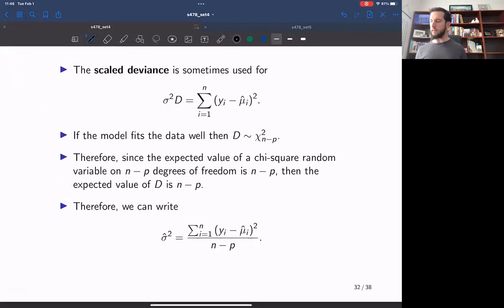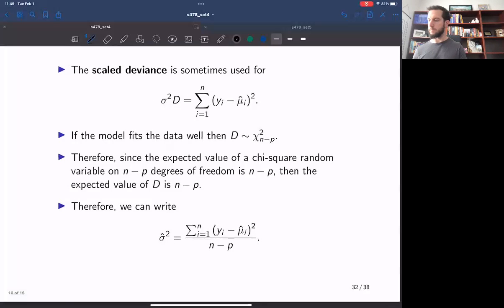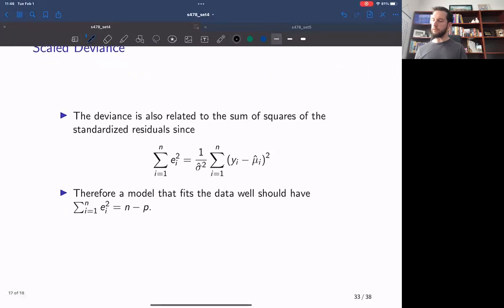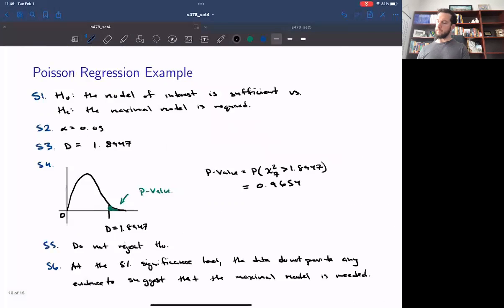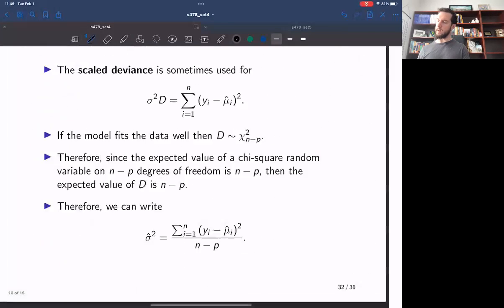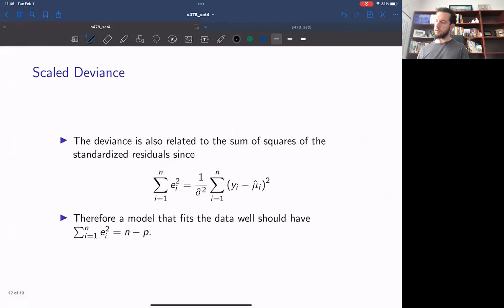With that being said, we can also write an approximation of sigma squared hat: sigma squared hat is the sum from i equals 1 to n of y_i minus mu_i hat squared, over n minus p. We can also show that the deviance is related to the sum of squares of the standardized residuals.